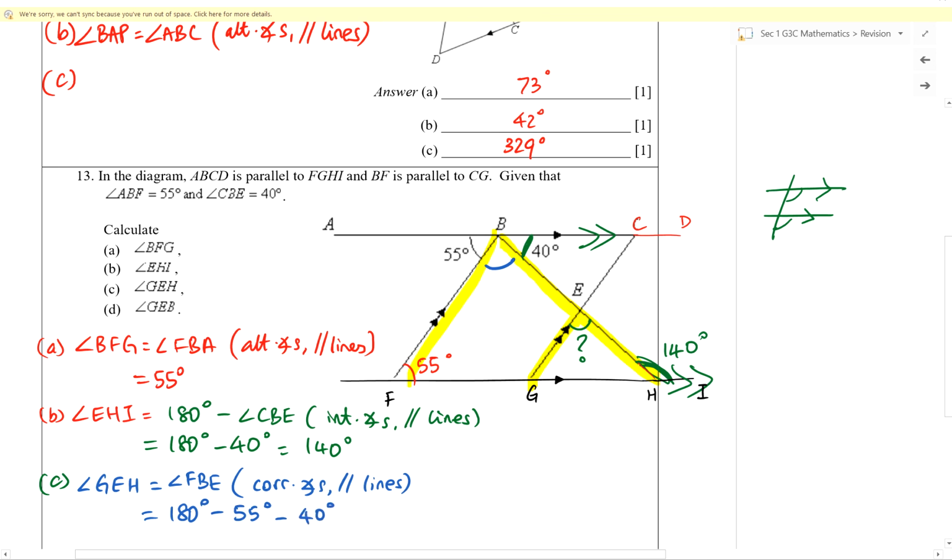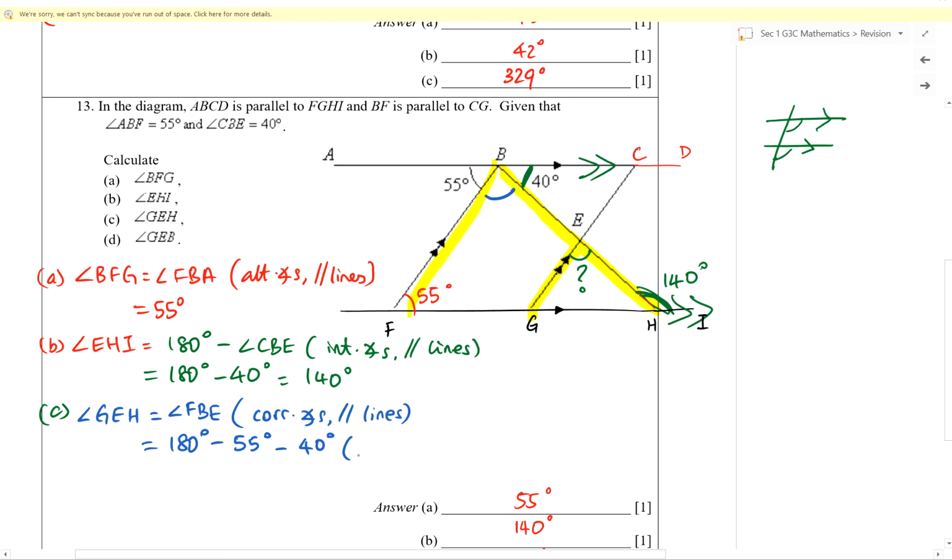The reason, because the 180 cannot pop out from nowhere, is adjacent angles on a straight line. So we have 85 degrees. This is 85. This is also 85.